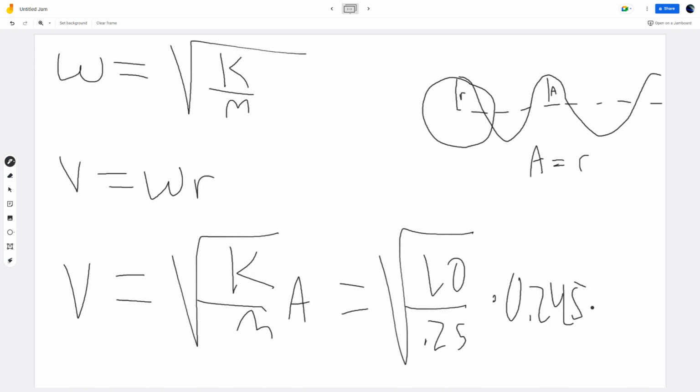Putting this into a calculator, the square root of 10 over 0.25 times 0.245 equals 1.55 meters per second, which is going to be your final answer.